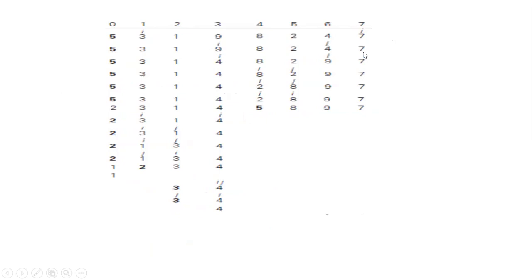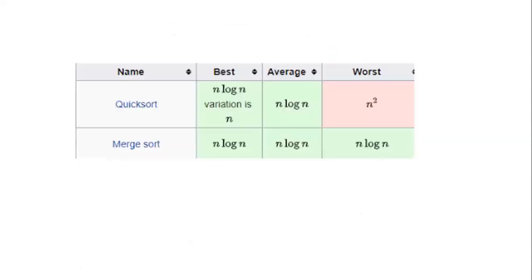When I am decrementing, 5 is less than 7, so I have stopped decrementing j, and here I am incrementing the value of i. When I come to 9, I see that 9 is greater than 5, so I stop it, and then as the next step, I swap 4 and 9. This will continue till i becomes equal to j. This is the partitioning. This is how the partitioning will happen using Hoare's algorithm. This is an example for it.